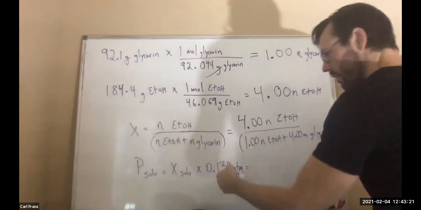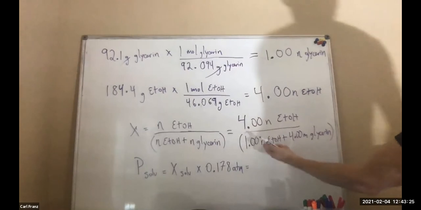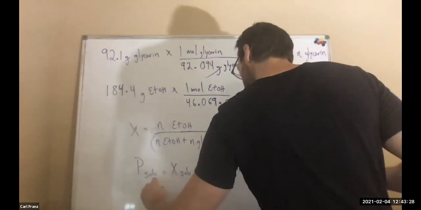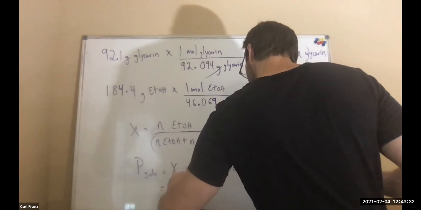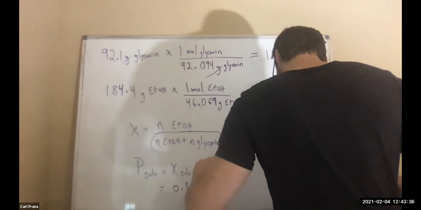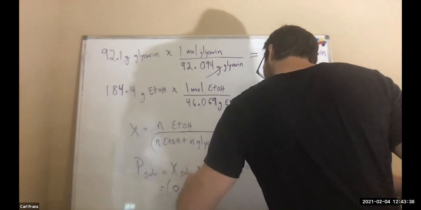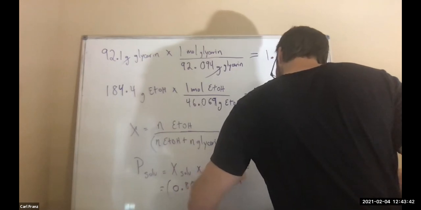That's going to give us a mole fraction. This divided by this is 0.8 times 0.178.